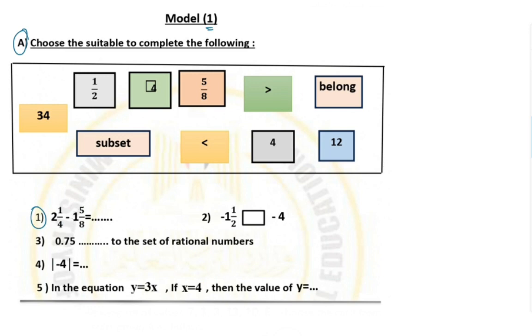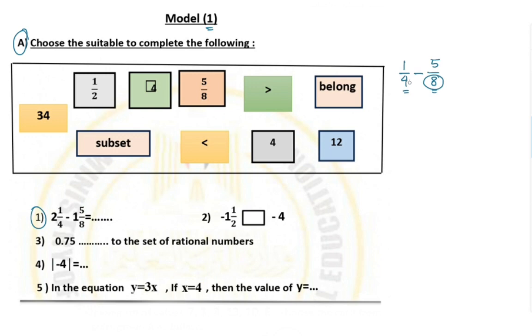When you need to subtract 1 over 4 minus 5 over 8, no way. Why? There is a difference between the denominators. Now we need to make the denominators like each other. How? Now I have 8. This is the greatest one, right?